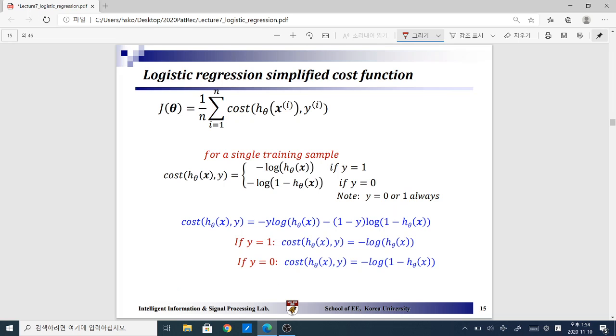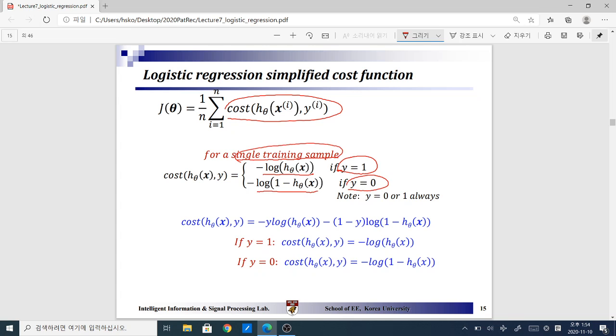Okay, so you now saw that this particular cost representation is for a single training sample, where a single training sample is divided into two cases: one for the label of the sample being 1, which is this, and one for the label being equal to 0, which is given by this, as far as the cost function is concerned.